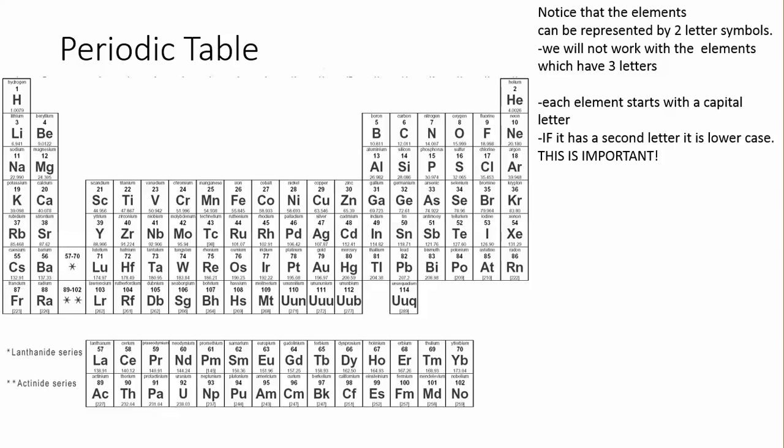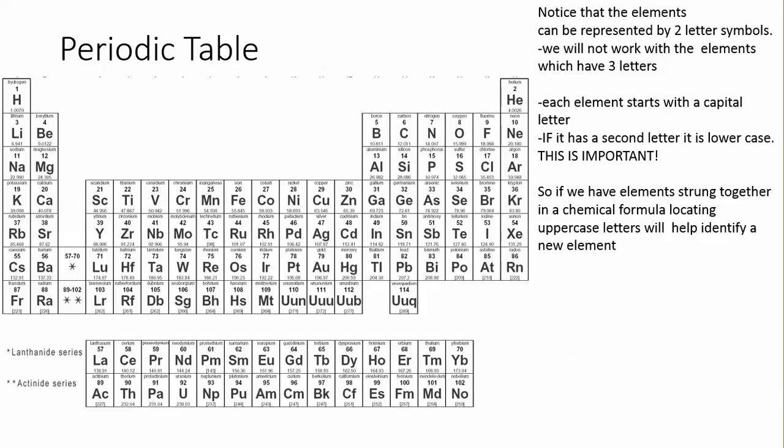If it has a second letter, that second letter is lowercase, and this is really important because this is how we determine the separation of elements when they're strung together in a big row. If I put lithium and beryllium and sodium and magnesium in a big row, that capital letter is going to signal to me, hey, this is a new element.